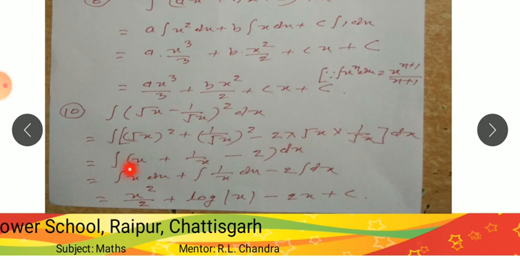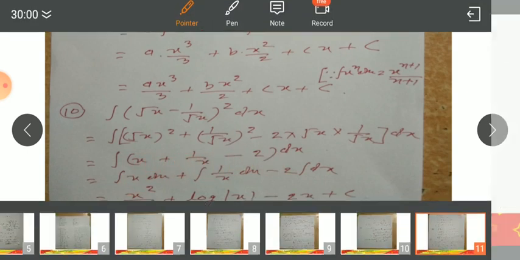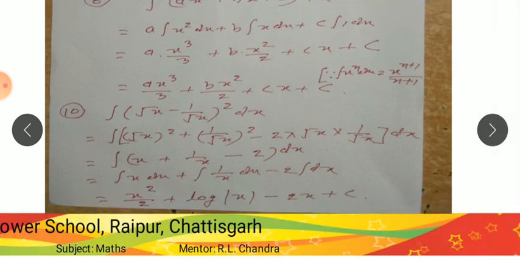That is integration of x plus 1 upon x minus 2. Separating the terms, integration x plus integration 1 upon x minus 2 integration 1. This can be written as integration x means x square by 2, integration 1 upon x means log x, minus 2x, integration 1 is x, plus c.